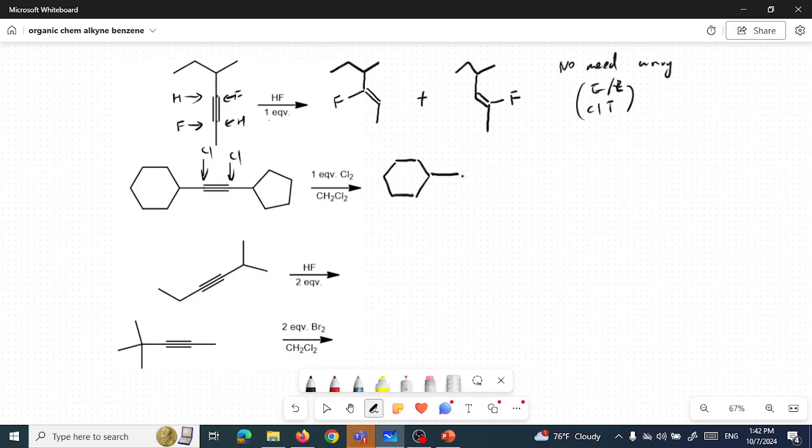It's going to be a double bond forming some angle, and then continue to the next carbon, which is part of the cyclopentane. On each carbon, you're going to bond to a chlorine. And here you have to understand that with only one equivalent, you're only adding Cl2, or two chlorines, to the molecule. The triple bond is now changed to a double bond.